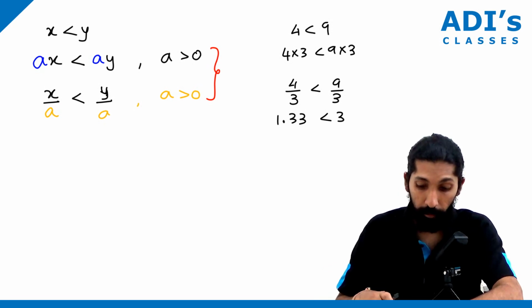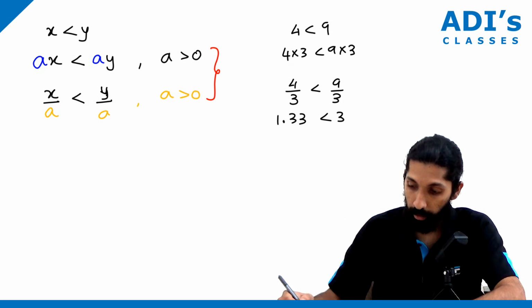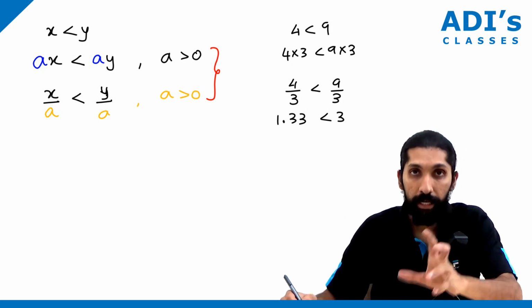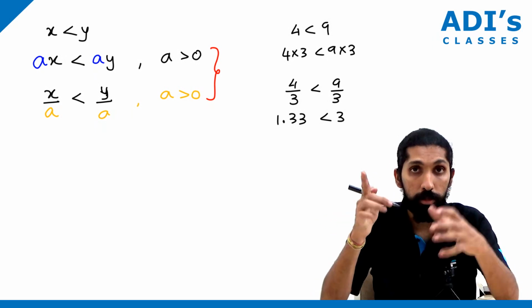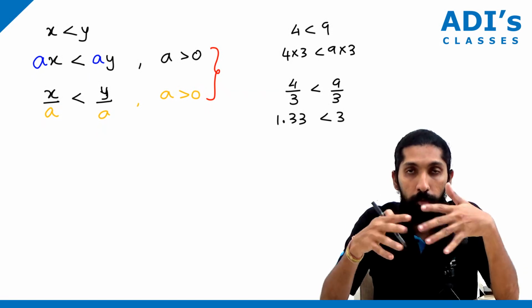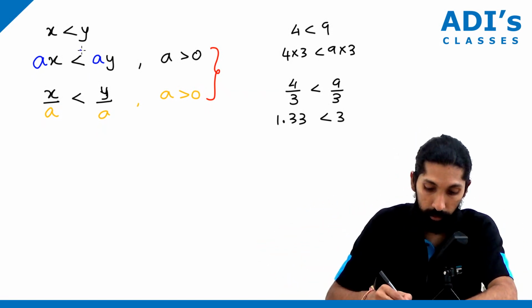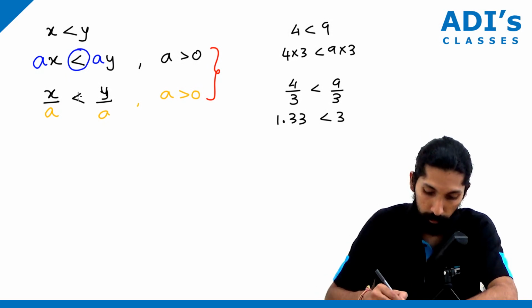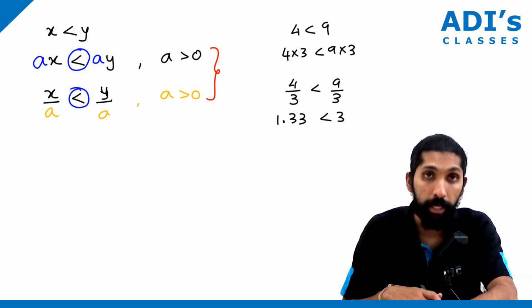Next, what if we multiply or divide by a negative number? Alright, if you divide or multiply by a negative number, then the inequality will reverse. Because till now, the whole point of adding, multiplying, whatever, we were always concentrating on this, correct? Or on this one. But now what if you have a negative number?